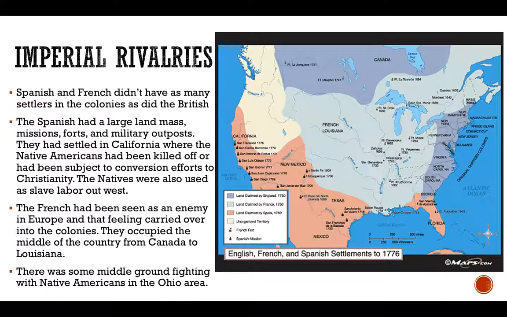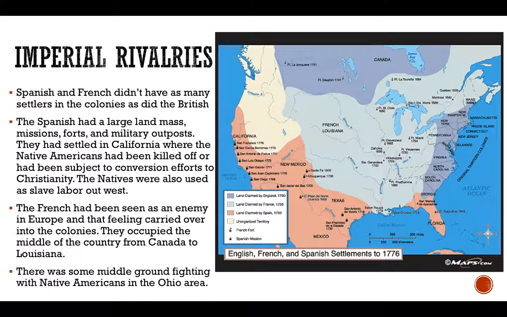The Spanish and the French at this point didn't have as many settlers in the colonies as did the British. And we talked about that as the concept from the beginning. There was this business idea for the French and this religious conversion idea for the Spanish, as well as a business idea. And the Spanish had a large landmass. You can see that the pink part of this map is referencing Spanish conquest.